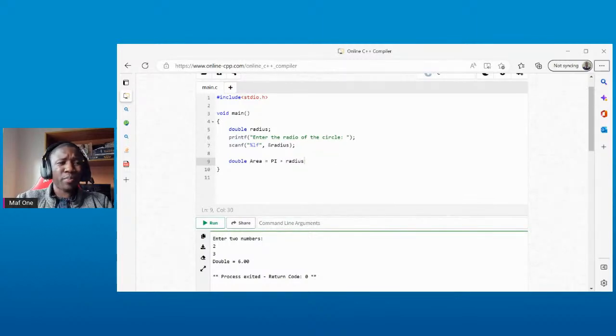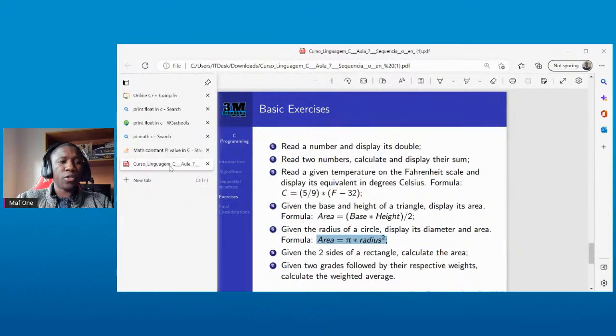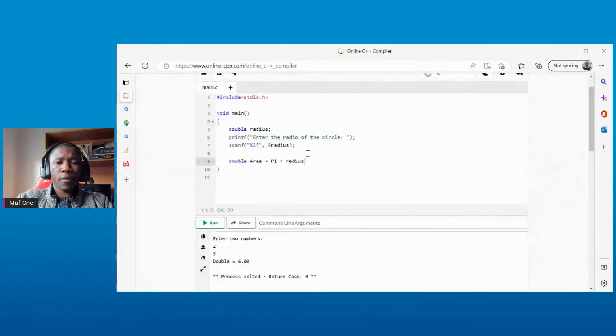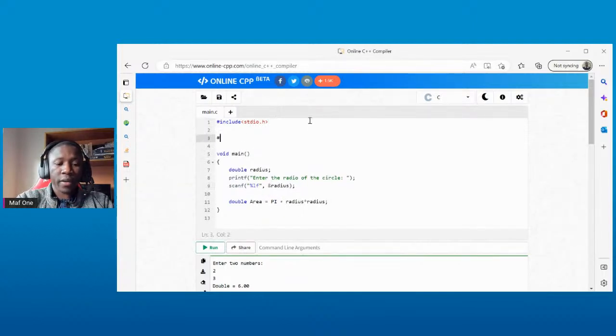The radius should be the power of 2. Yeah, radius times the radius itself. So this is the area of the circle. But before we need to define this. Let's define it here. Define.